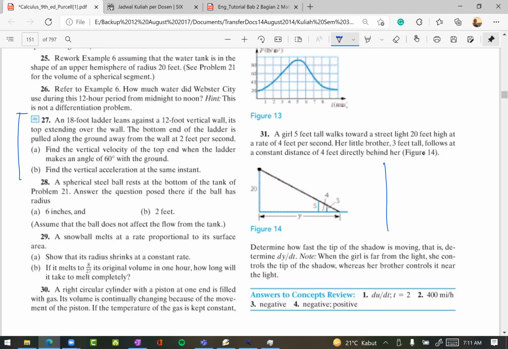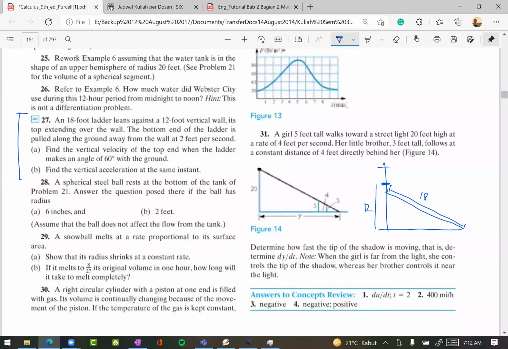Okay, and you have a 12-foot vertical wall. Then you have a ladder leaning against the wall. This is the ladder, and the length of the ladder is 18.